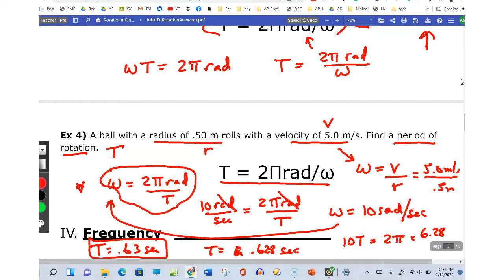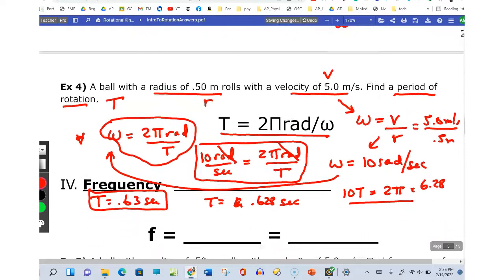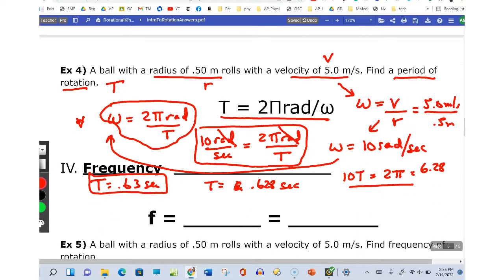The way I take a linear velocity and make it angular is to divide by r, and that becomes 10 radians per second. Now I bring it to my equation. ω is 10 radians per second, I cross out the radians from both sides, cross multiply, get 10T is 2 pi, and divide both sides by 10, and there's the answer right there.